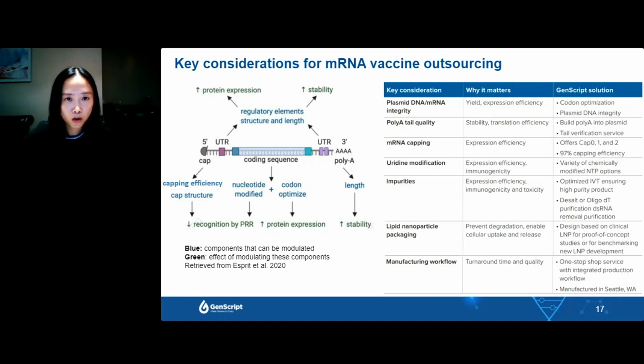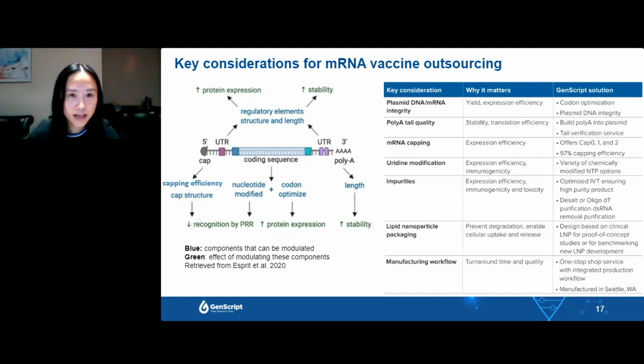And when we want to produce it, there are several key considerations. Here is listed. When it comes to mRNA, we want to have a good mRNA. Actually, if you cannot have it in good quality, it will affect the whole development process.